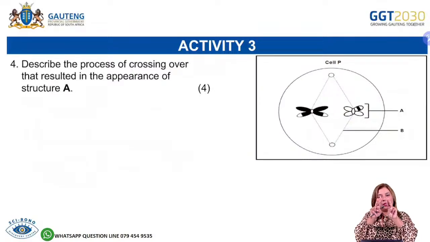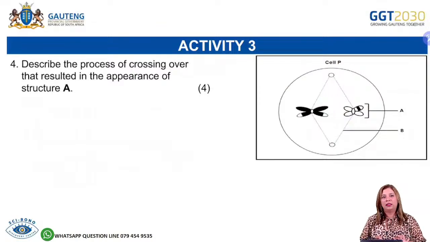The one chromatid and the other chromatid cross over at a point called the chiasma. Part of the neighboring chromatid becomes part of the homologous chromosome that is adjacent to it, and the genetic material is exchanged. Okay? So let us see if we've described the process in our own terms, because it's not enough to know the diagram.